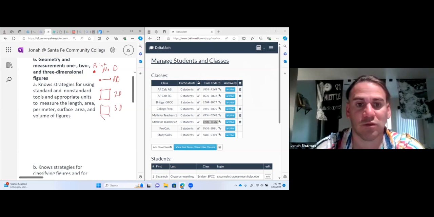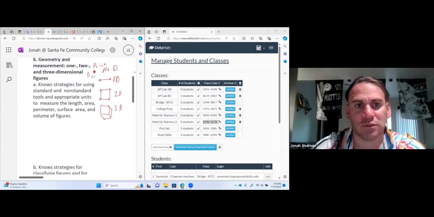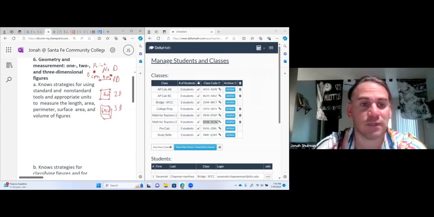Basically in math, we can go as many dimensions as we want. In other sciences, they build this up: here, 0 centimeters, then 4 centimeters squared, 16 centimeters. Oh, sorry, just 4 centimeters because there's nothing here. 4 centimeters, 16 centimeters squared, or 64 centimeters cubed, just building up by the dimensions.